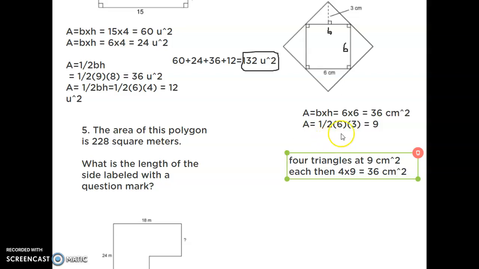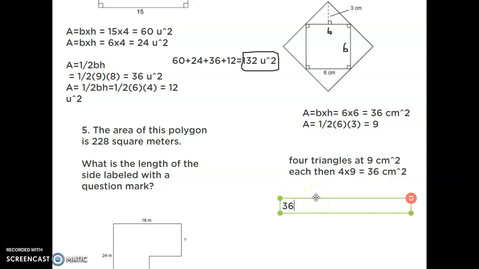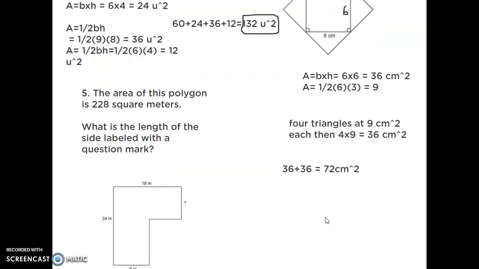So we could add that plus our 36 for our square, and we could get our total area. So we would add 36 plus 36 equals 72 square centimeters, and that would give us our total area. And I know it went a little fast here. You can always pause it or rewind back if you need to slow down.